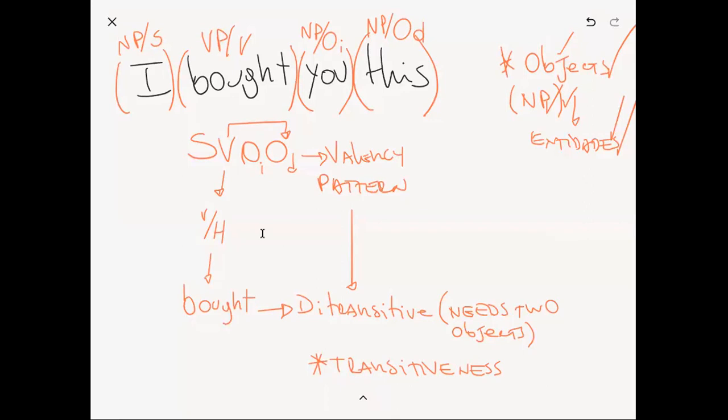It means that the action transits from the doer to the receiver. Therefore, from the subject to an object. Therefore, transitiveness means that the verb requires an object. How many? The transitive, 2. Monotransitive, 1. Intransitive, none.